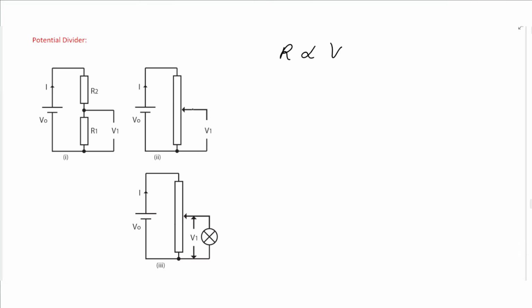For example, in this section from point X to point Y to point Z, if you move this slider upwards, section XY increases in length. So the resistance between X and Y increases and the voltage across XY increases. But the voltage across YZ decreases.